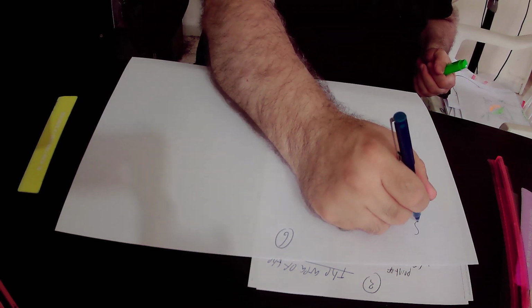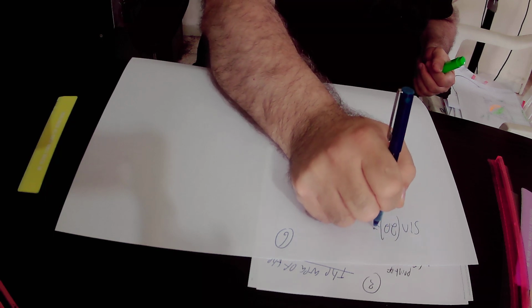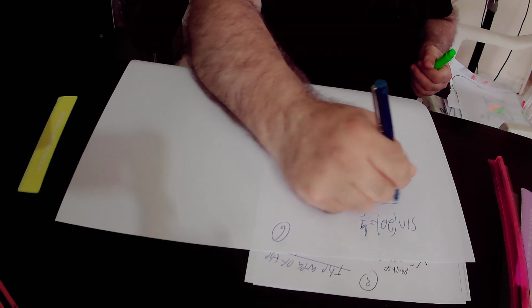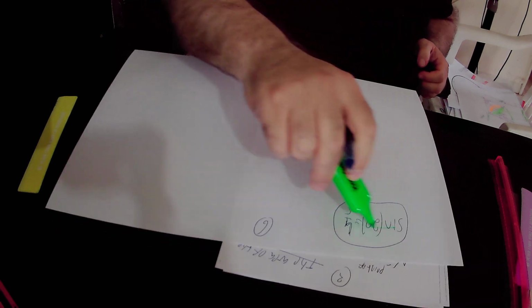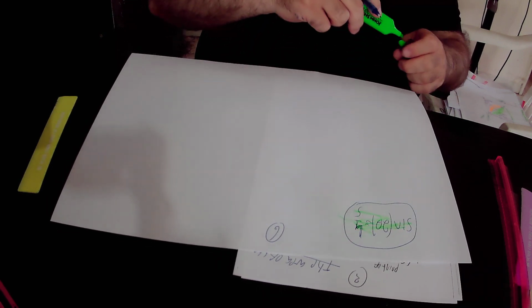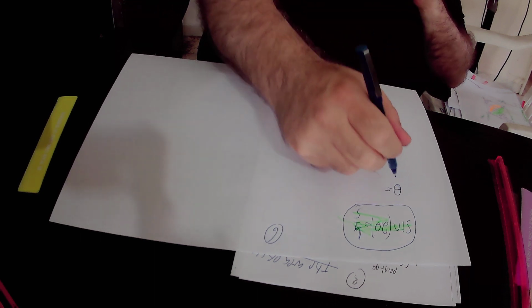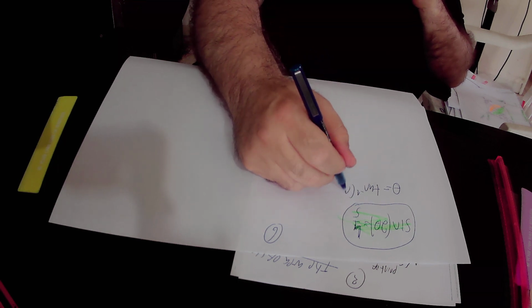In conclusion, we found that sine 2 theta equals 4/5, and theta itself equals tangent minus 1 of 0.5.